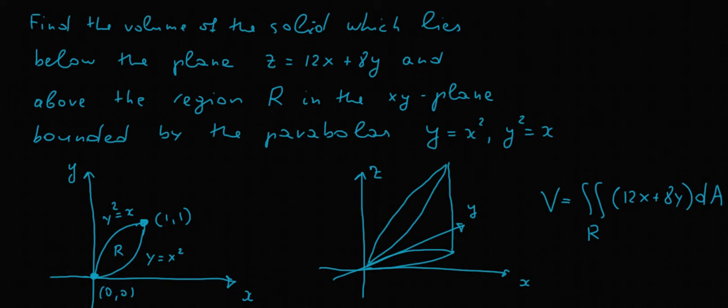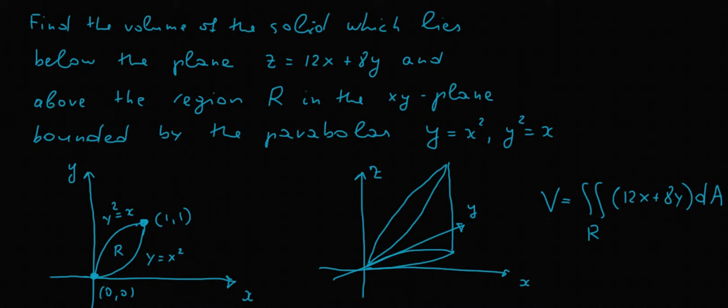So there's actually a curved parabolic surface bounding the solid on this side right here. All of these curves are parabolas. And then likewise on the back side there are a whole bunch of parabolas as well. And then the top face of the solid is similar to what the bottom region R looks like.